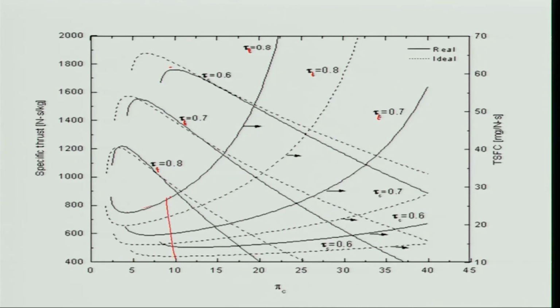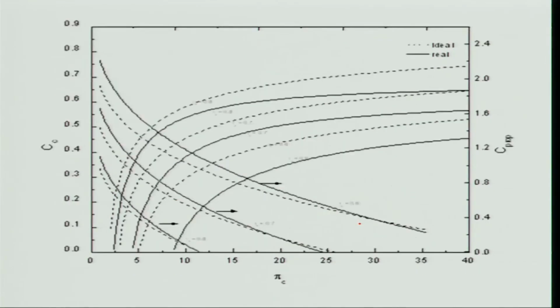For example, if I take 10, then you will get a much higher value for the real cycle, and for the ideal one it will be much lower. So, you will get a higher thrust specific fuel consumption due to losses, which is the obvious case, and as tau t goes on decreasing, you will get a lower TSFC, which is usually expected.